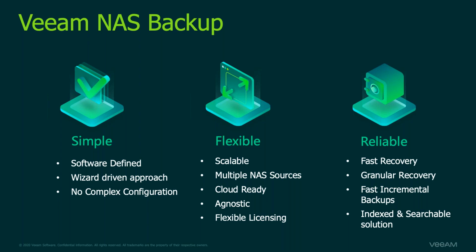So we have to be reliable, which brings us to fast recovery, being granular in that recovery, and performing fast incremental backups, which means we're not encroaching on the performance of the production environment. We also provide an indexed and searchable solution for your NAS backups. There's no good in just being able to back it up if you can't have a level of searchability or universal search into those workloads.